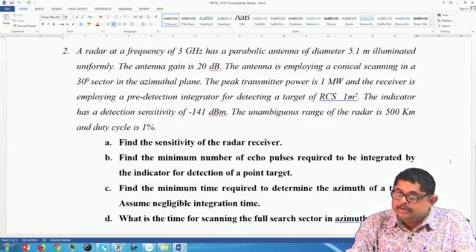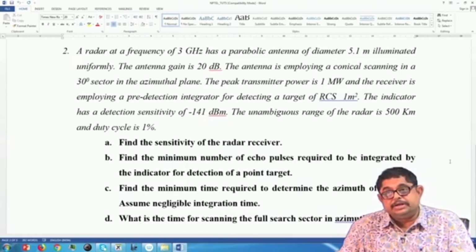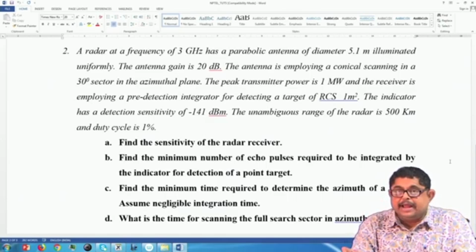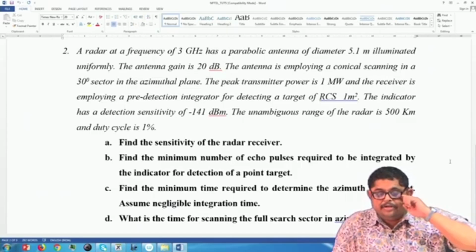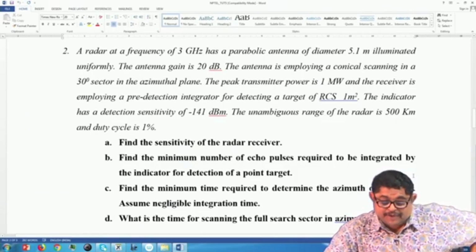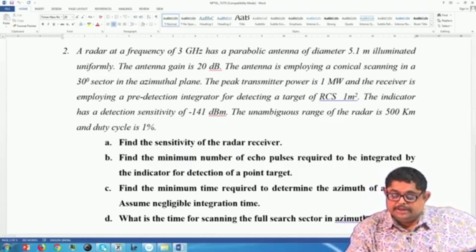So, what is the time required to determine the azimuth of a target? This is important for fire control exercises, because if you determine it in the least time, you can activate your fire control and control your fire. And here for simplicity assume negligible integration time.